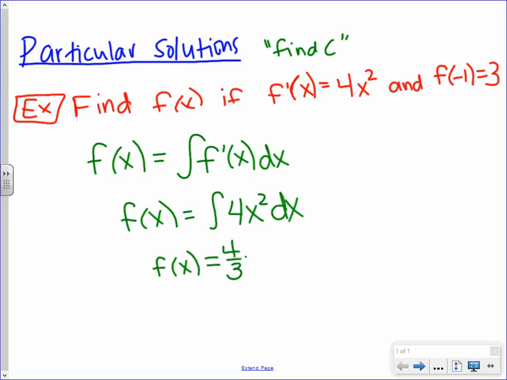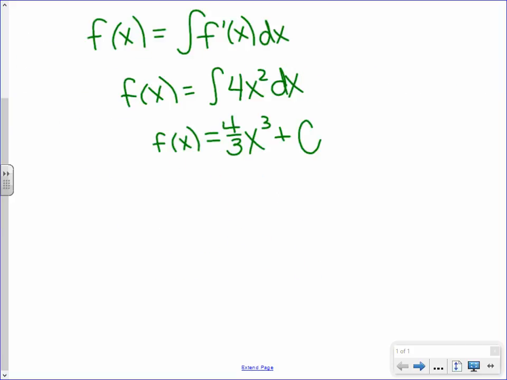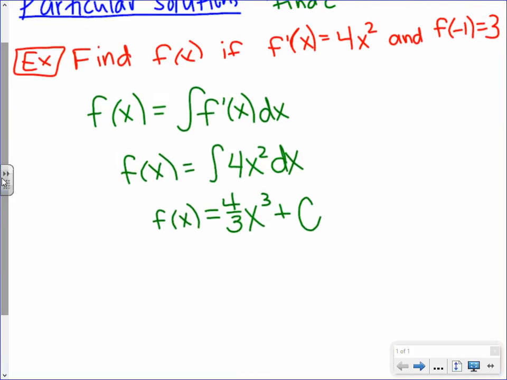You agree with Larry, 4/3 x cubed plus c? Very good. Okay, so this is what we call a general solution. Now, since we have some information about f, we can actually figure out what that plus c is. Joe, what do you think we're going to do? F of -1 equals 3 means that when we plug -1 in for x, we should get a function value of 3, right?